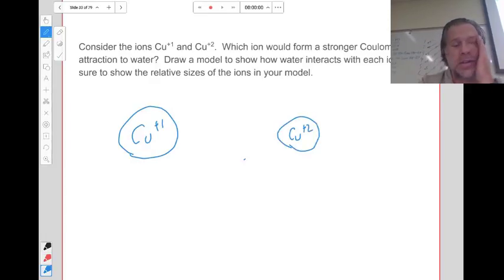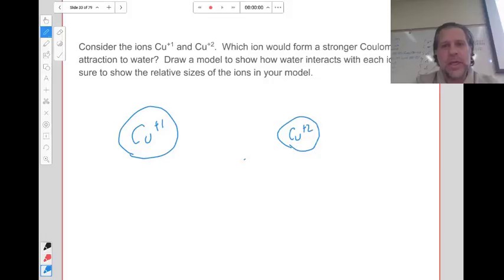Okay. And why is copper plus 2 smaller than copper plus 1? It's not the less shielding. It lost more electrons. So that means that the positive nuclear charge is going to have a greater attraction to the remaining electrons, so it pulls it in tighter, right?